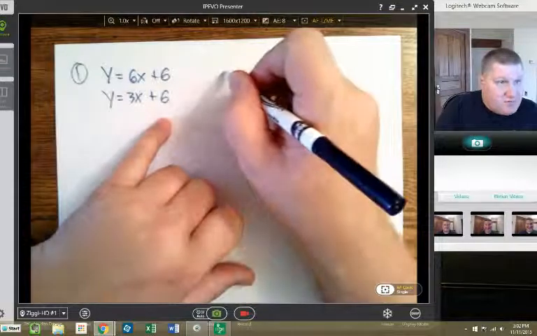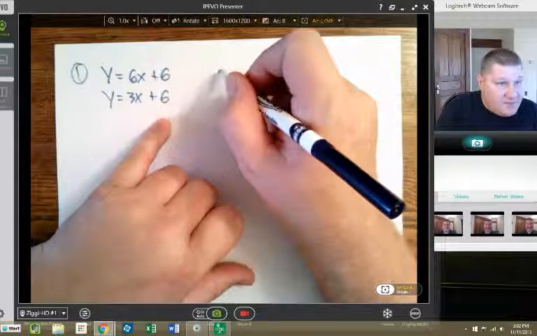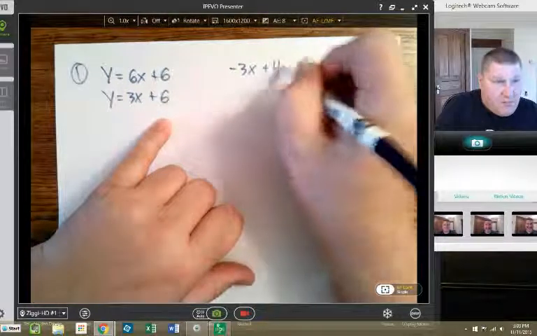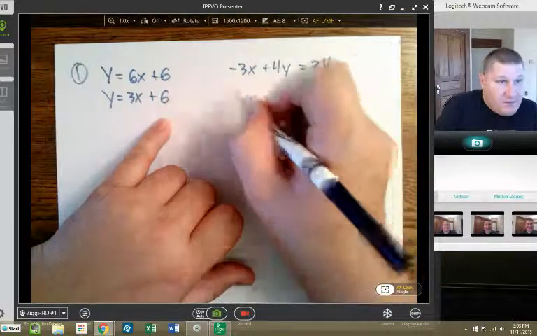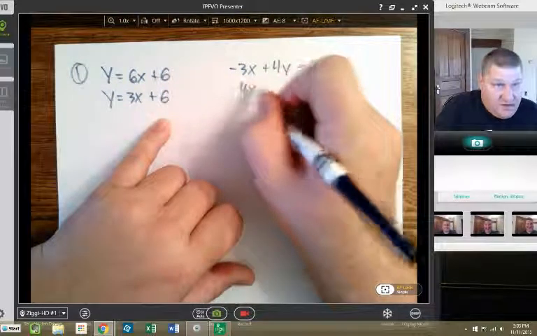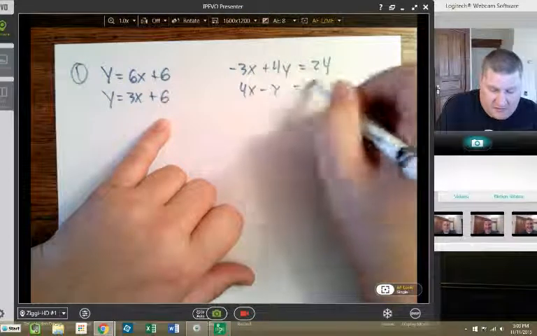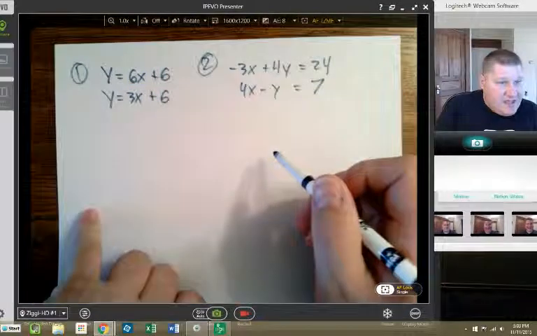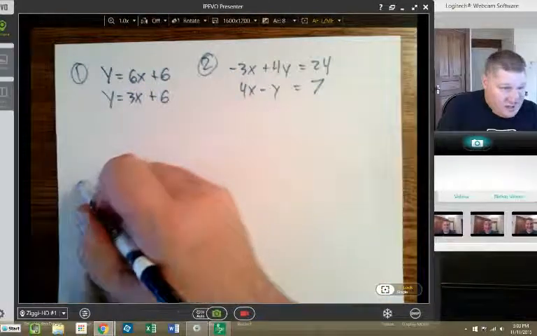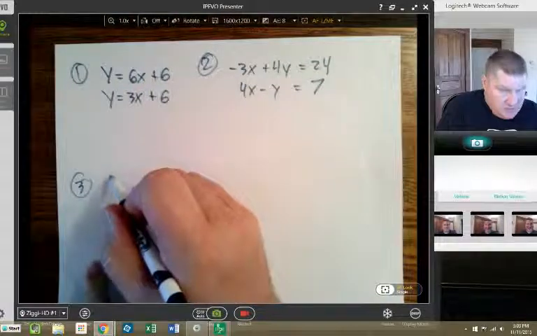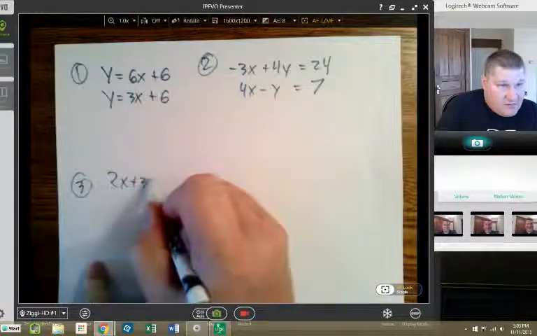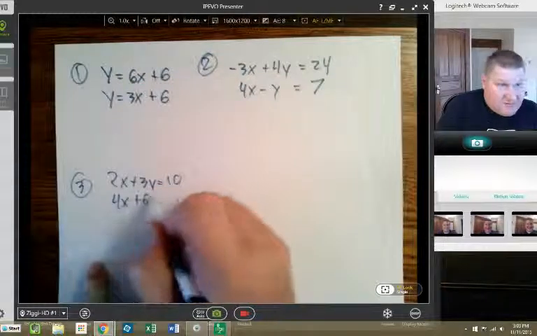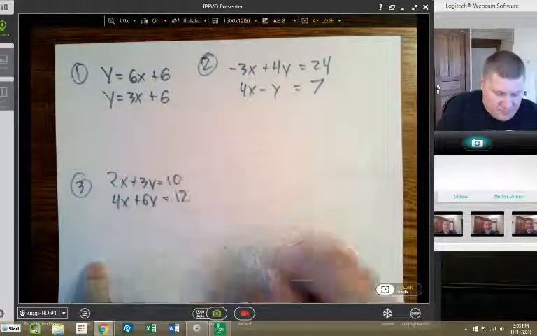Let's do a negative 3x plus 4y equals 24, and 4x minus y equals 7. That's number 2. And then let's do a third one here. Let's do 2x plus 3y equals 10, and 4x plus 6y equals 12.